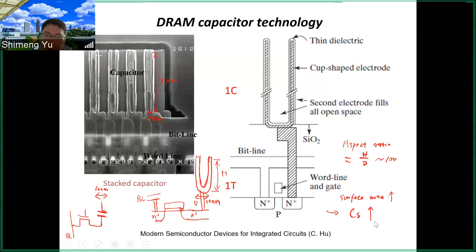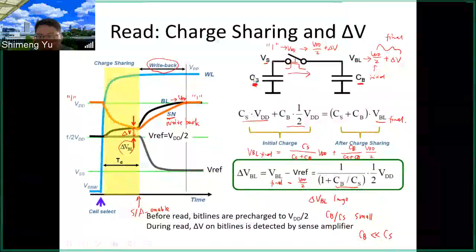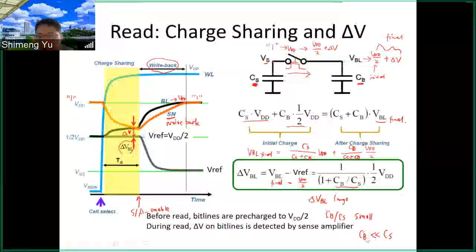And why do we need this capacitance to be larger? If you recall, in the sense margin, we want a large margin to detect the data. So we need the capacitance of the storage node, that is the DRAM capacitor, to be larger than the parasitic capacitance of the bit line.